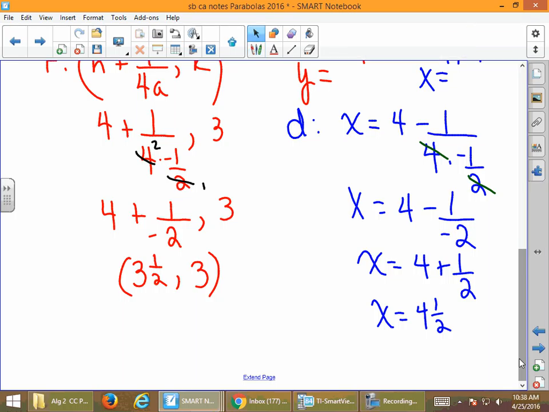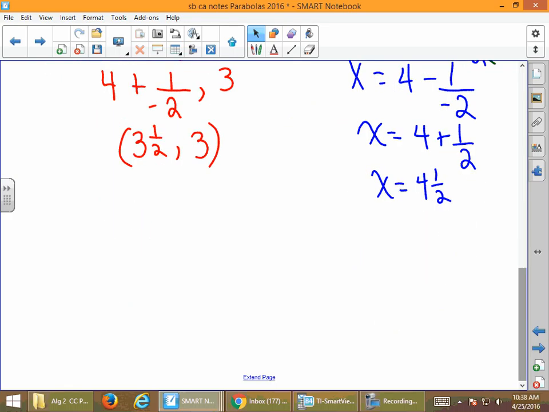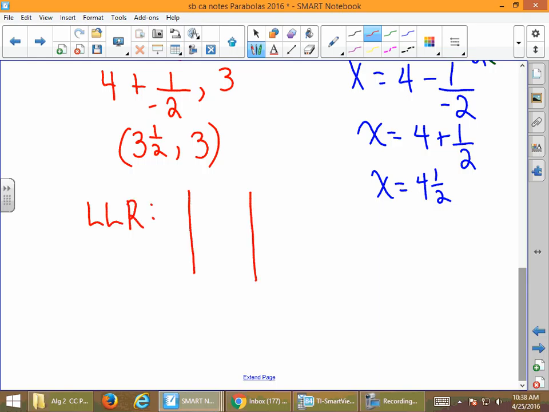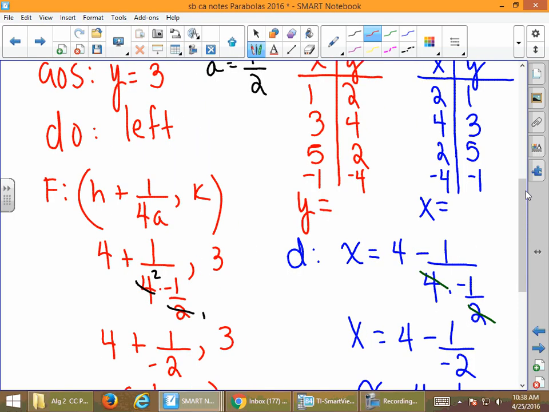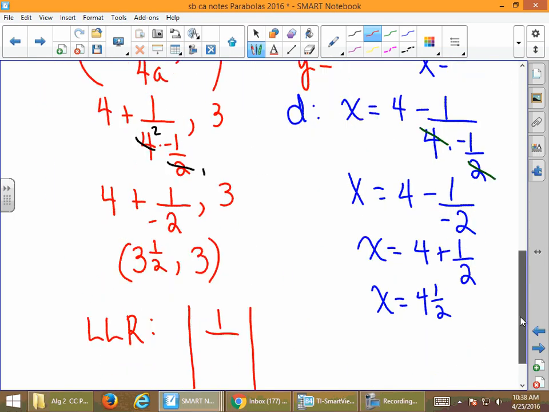And then we're just left with one more piece here, which is the LLR. It is going to be the absolute value of 1 divided by a. Our a is negative 1/2.